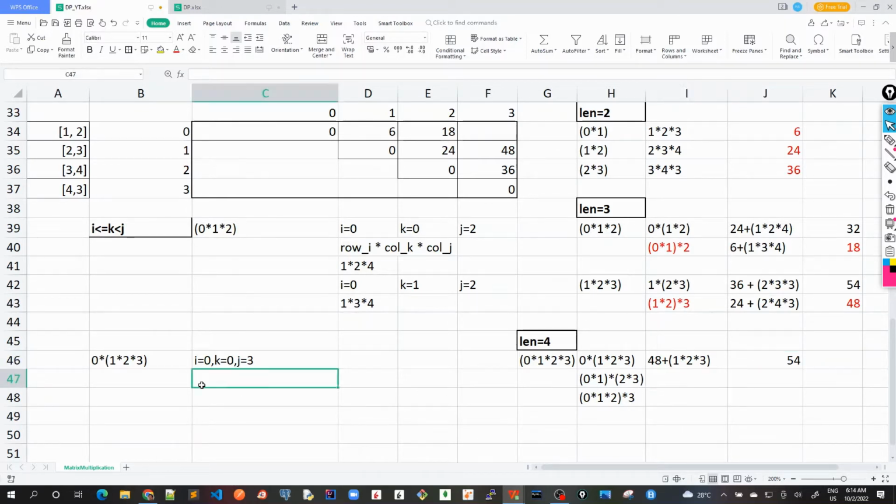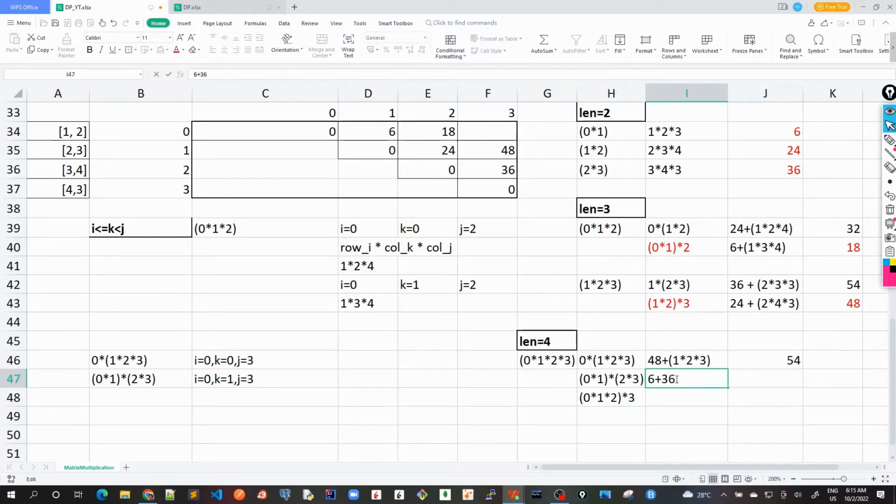Now in this scenario, we move our k to 1 and j is equal to 3. For 0 and 1, we have already solved it. It is 6 plus, and for 2 and 3 we already got 36.